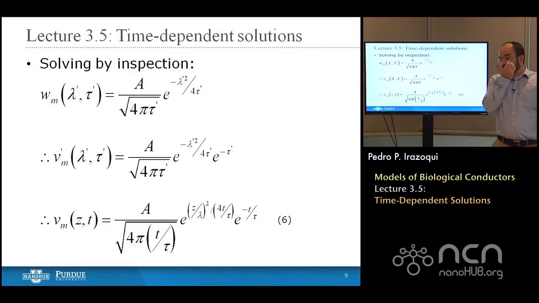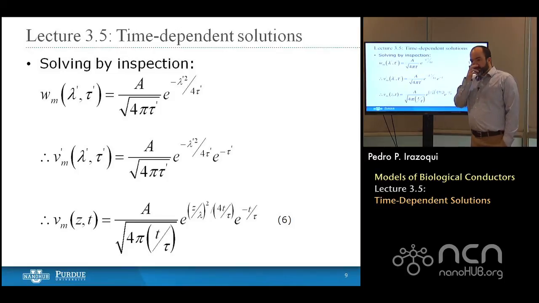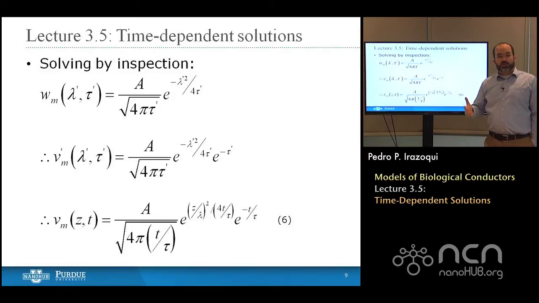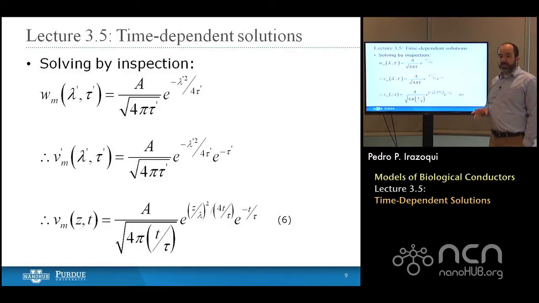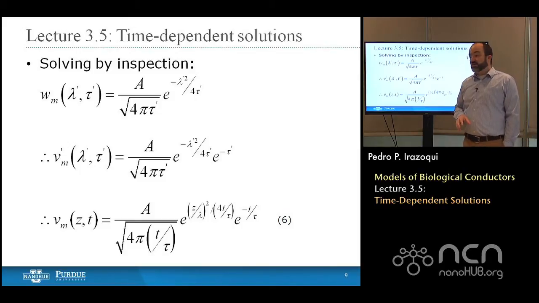If you want to see exactly how you get to this solution, you can look up the solution to the homogeneous diffusion equation. But for the purposes of this class, it's sufficient to know that it has been solved, that we've been able to express the cable equation in those terms, and then solve the cable equation.